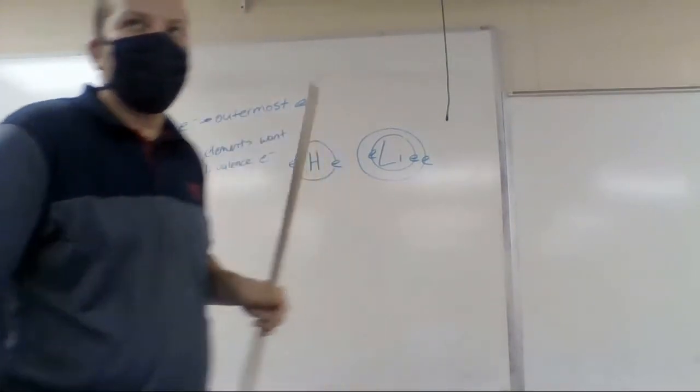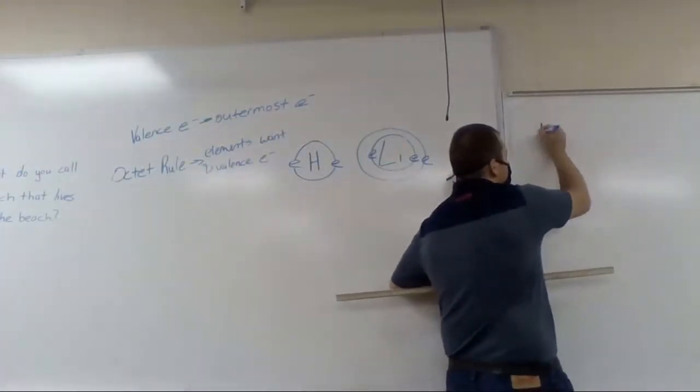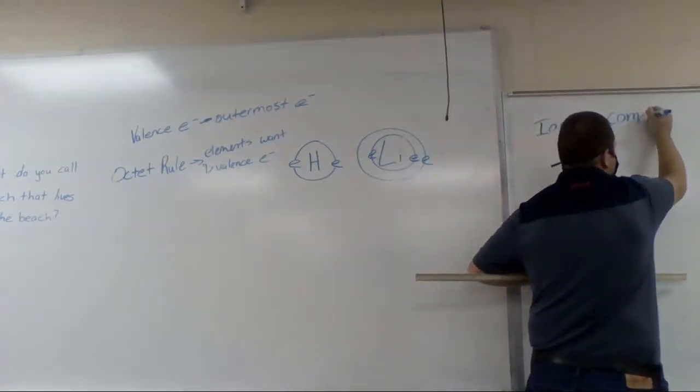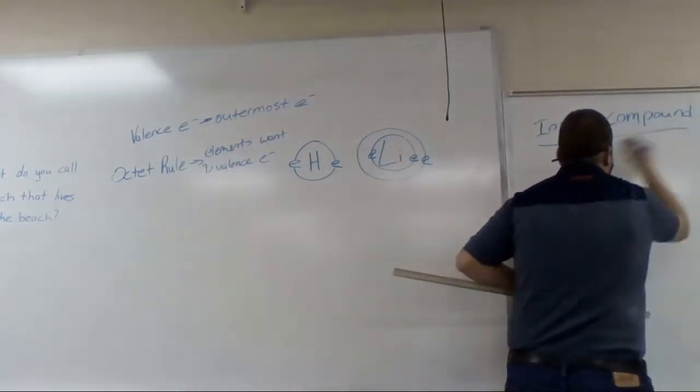Next, what we're going to be doing is ionic bonding. I'm going to show 2 different things. One is covalent. So ionic compound, this is our first type of compound.